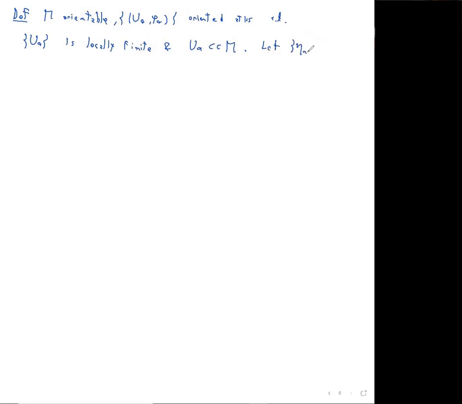And then we take a partition of unity subordinate to U alpha. And we take a top degree form with compact support.